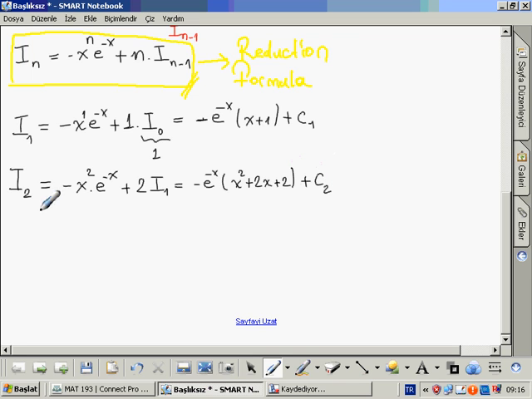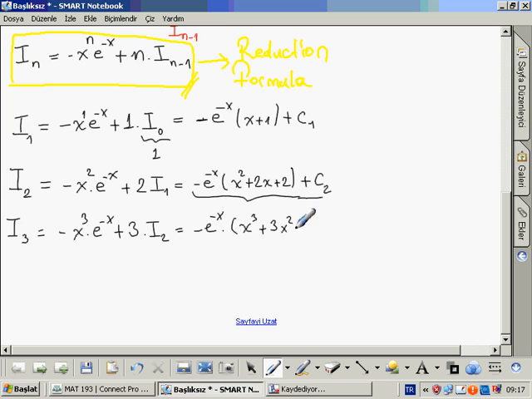And I sub 3 is minus x cube times e to the minus x plus 3 times I2, and we know that I2 is here, so minus e to the minus x times x cube plus 3x squared plus 6x plus 6 plus c3, which is the integration constant.